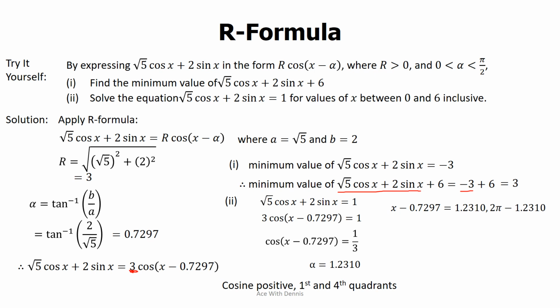So x minus 0.7297 equals 1.2310, and 2 pi minus 1.2310. So now x is 1.96 and 5.78. Answer in 3 significant figures.